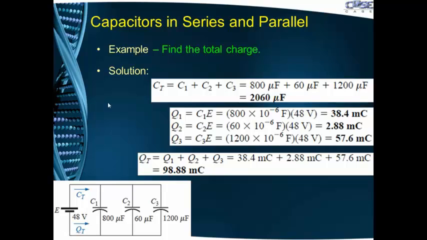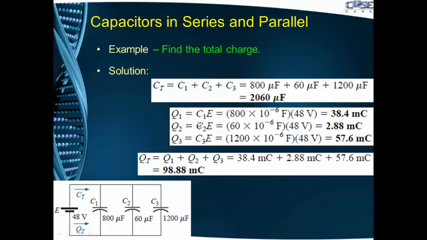Or we can find Q1, Q2 and Q3 and then add all these to find the total charge. So Q1 would be equal to C1 into E. Similarly Q2 is equal to C2 into E, and Q3 is equal to C3 into E, because for all the capacitors, the voltage across every capacitor is the applied voltage E, because they are in parallel.